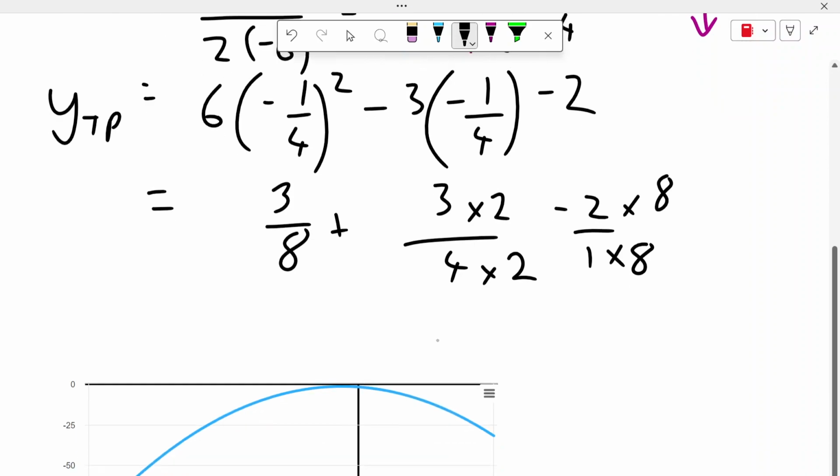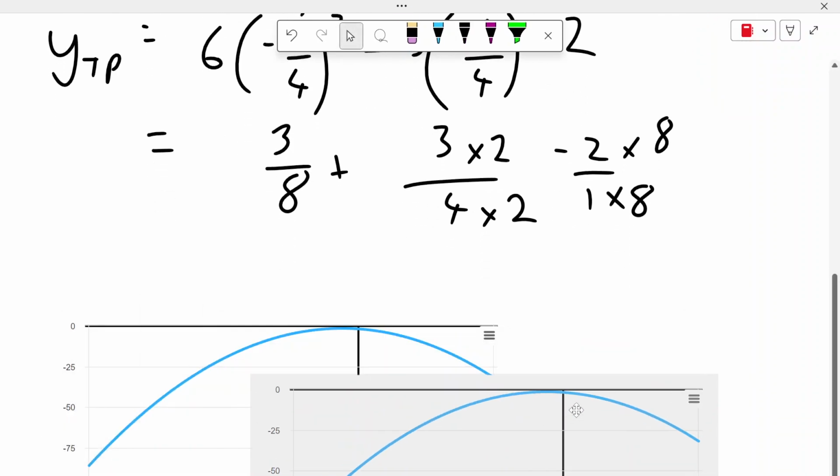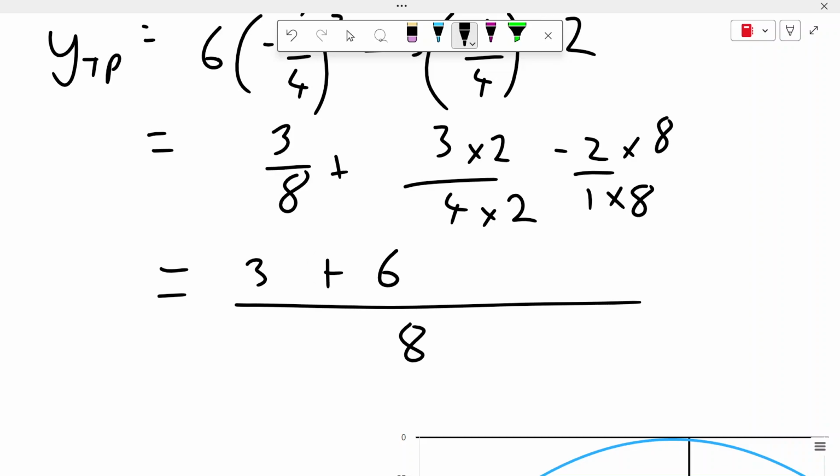And so finally, after lots of manipulation, we can say that this one is equal to 3 plus 6 minus 16. And that is equal to 9 minus 16. So hopefully you can see that our final value is going to be minus 5 on 8.